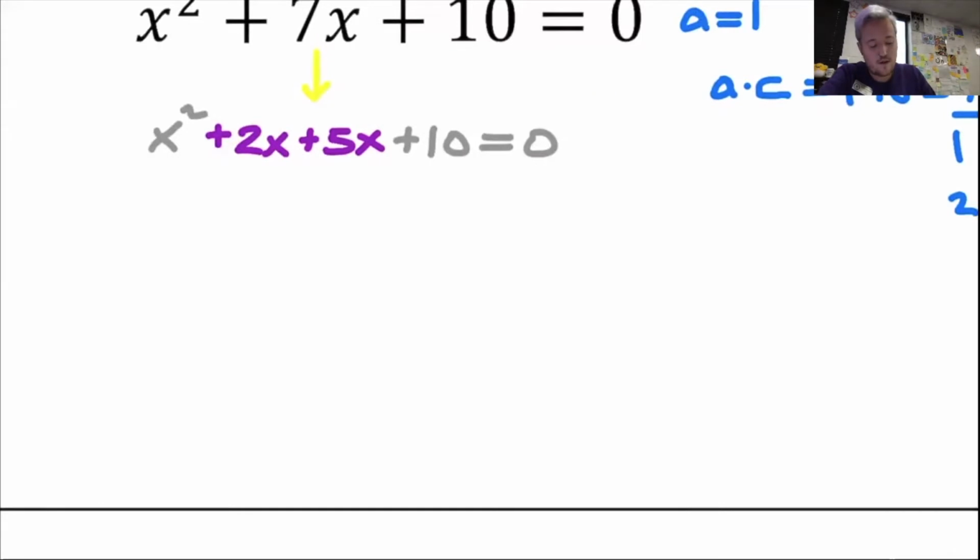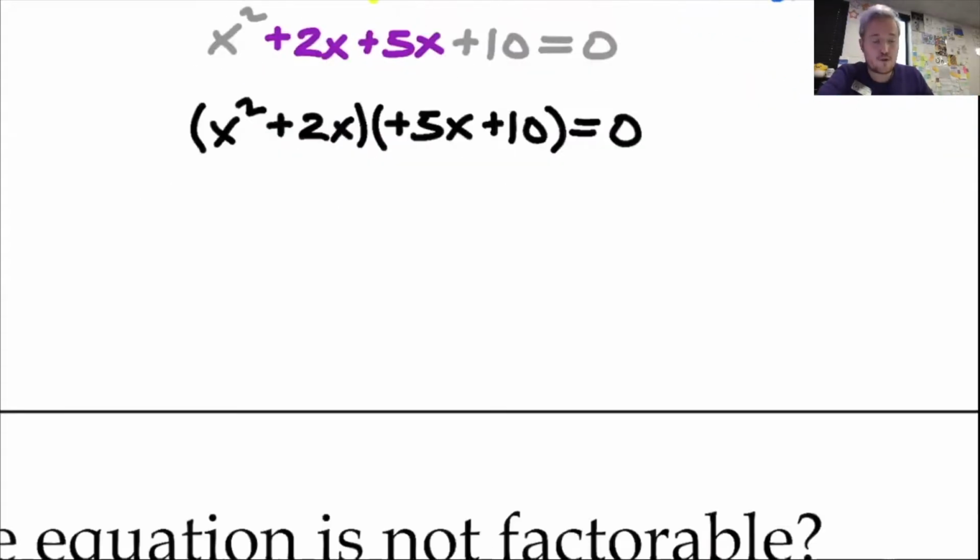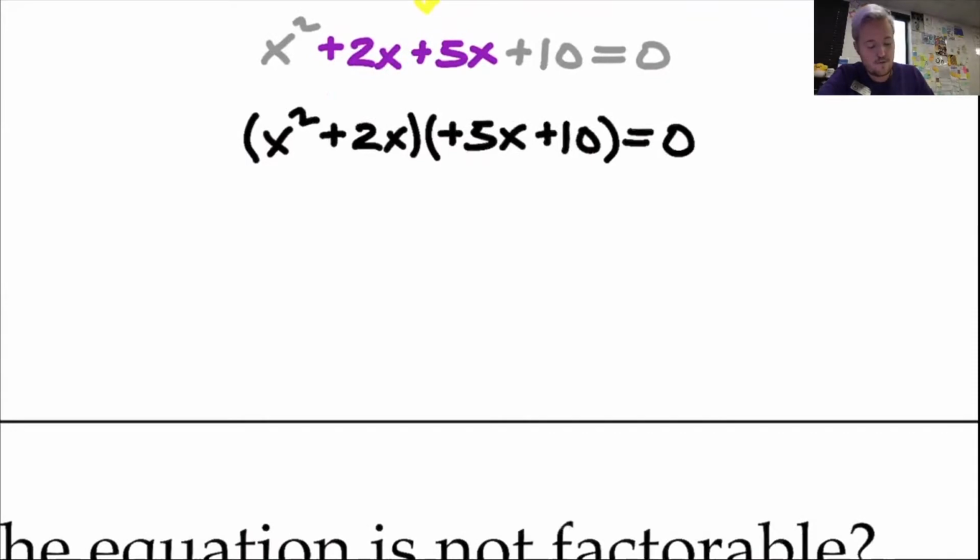All right, so now I'm going to do my grouping. I'm going to group the first two terms together and then group the last two terms together. In the first group, we're looking at x squared plus 2x.